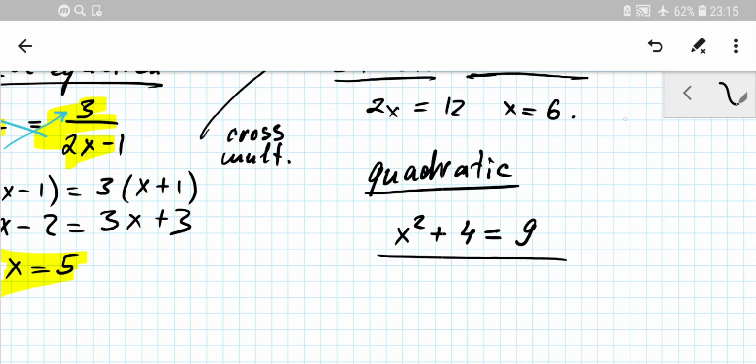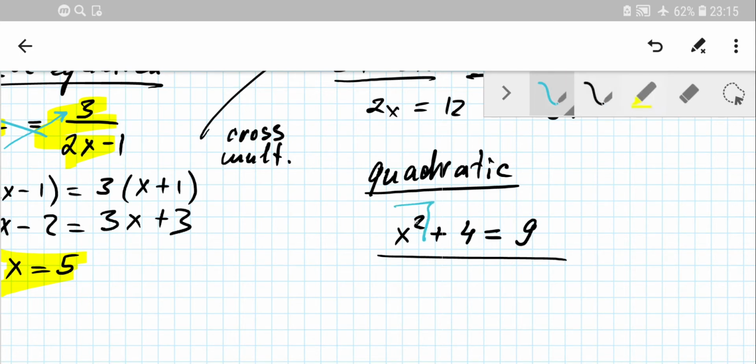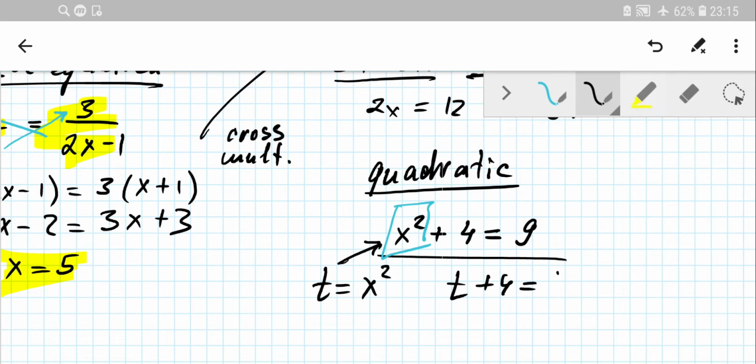So how to solve? You simply see that x squared is already a single variable here, no other x's, so you just stay with x squared, and you can work as if it's just a new variable t. So you mark t equals x squared. Now let's look at the structure. T plus 4 equals 9.